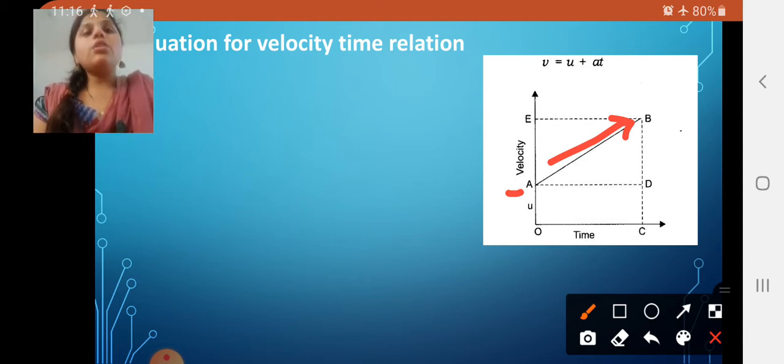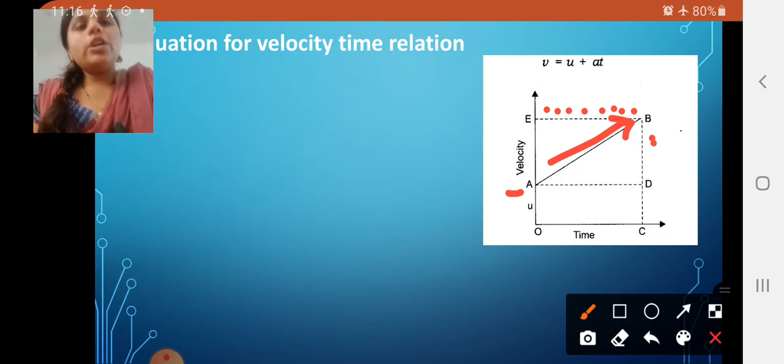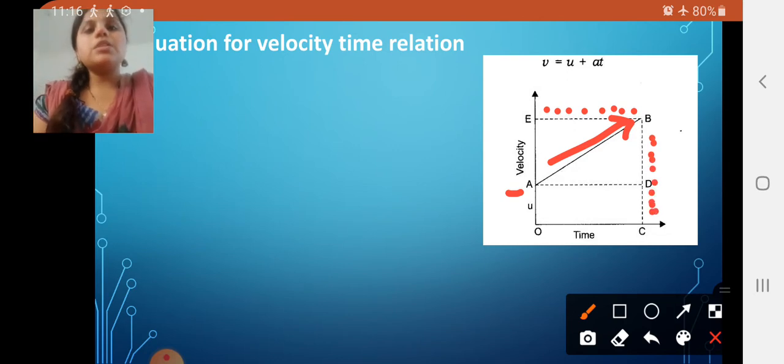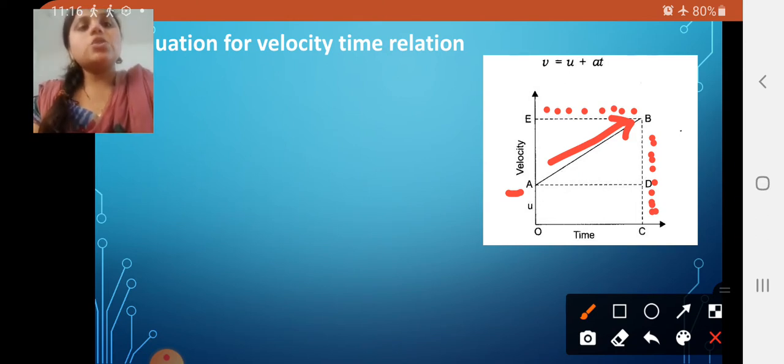When the object started its journey from position A to position B, then finally it reaches the E position. Now through B you have to draw an imaginary line, that is E. Then this B is joined to the last position C, which means the journey is completed. How much time it has taken we have to conclude here, so through the dotted lines just join this.